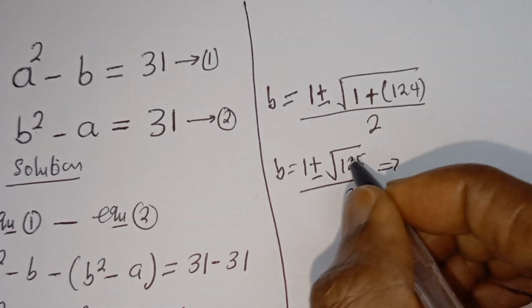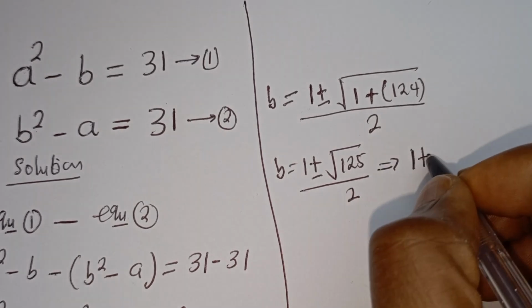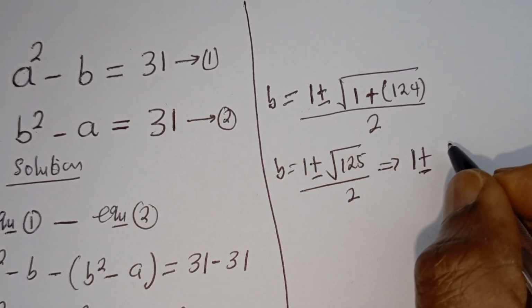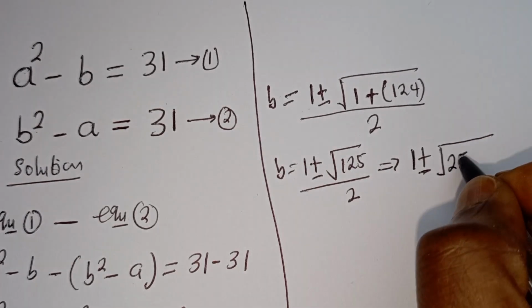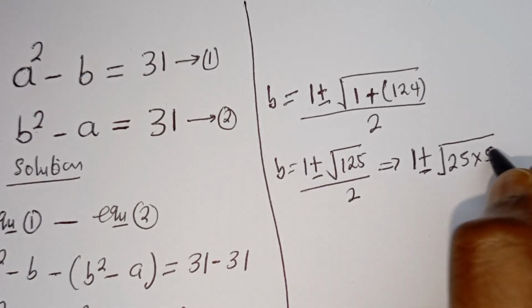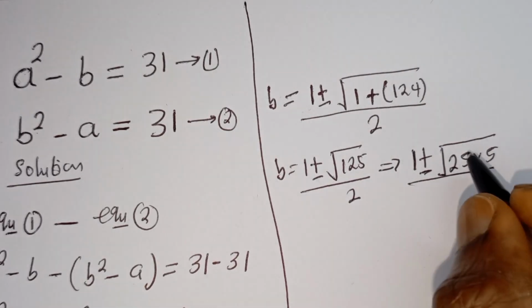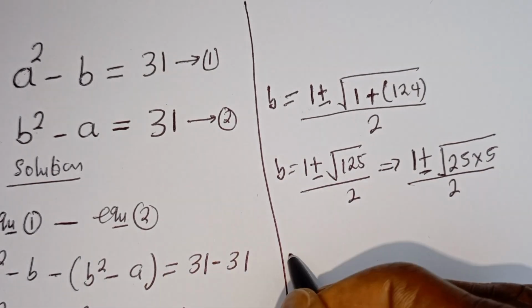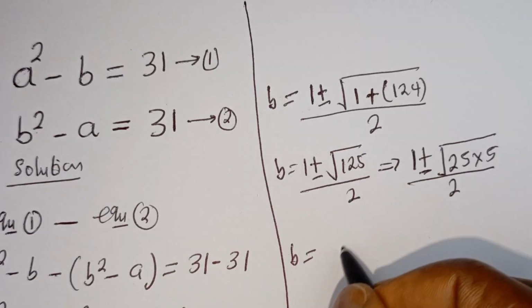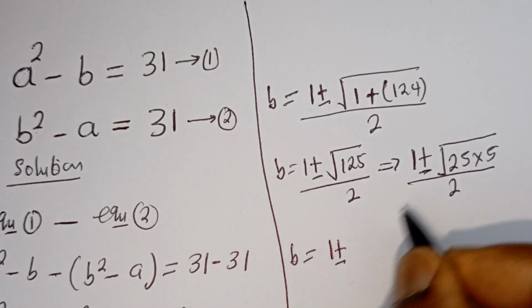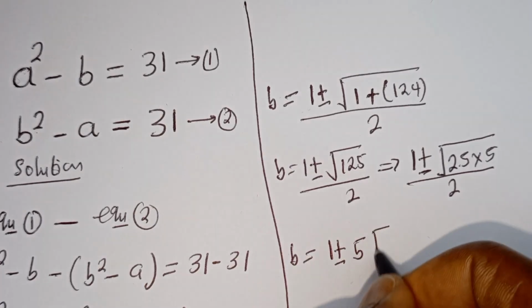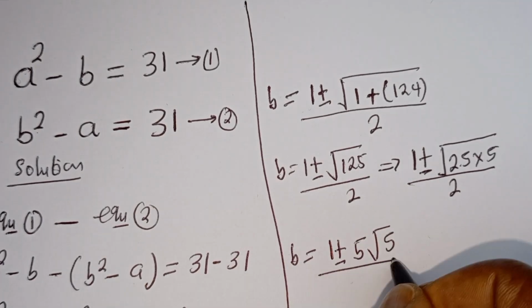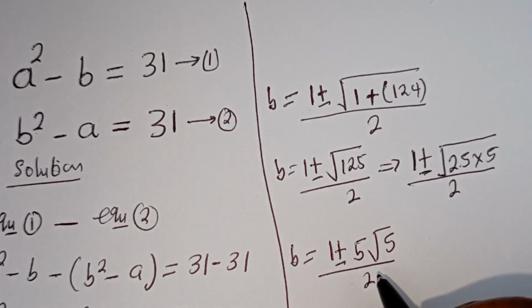And this is 1 plus or minus square root of 125 can be written as 25 multiplied by 5 over 2. Then b is equal to 1 plus or minus square root of 25, that is 5 root 5 over 2.